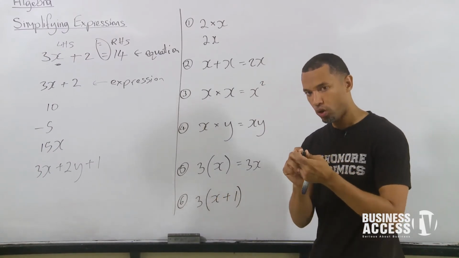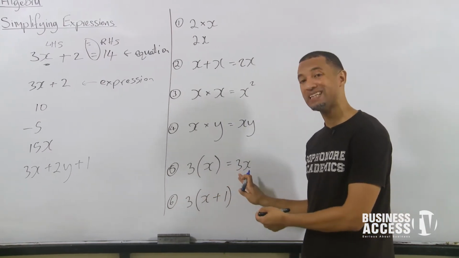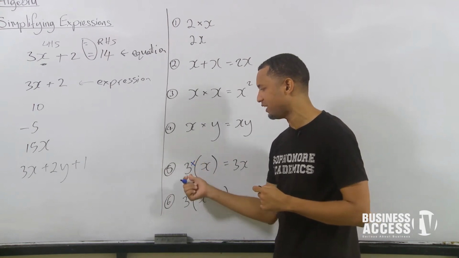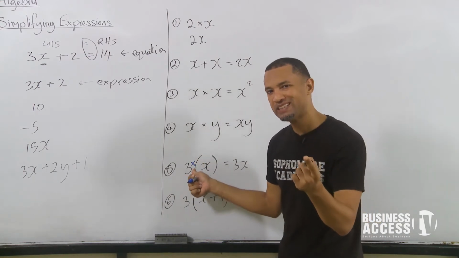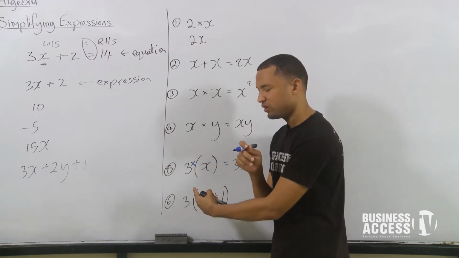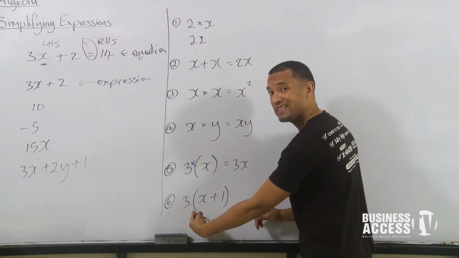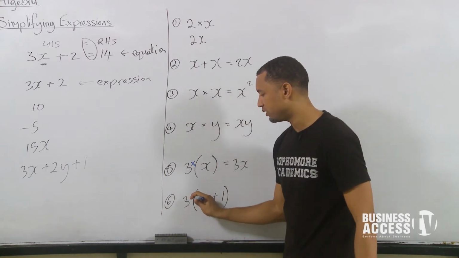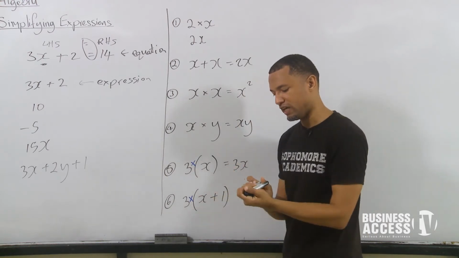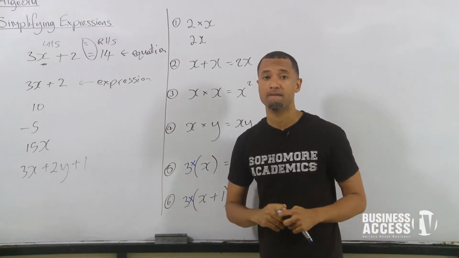And we do know that 3 bracket x like this is 3 times x. So there's an imaginary multiplication sign right here. Once you see this bracket right here, guys, just read it as times. So this is saying 3 times x plus 1. You can put an imaginary multiplication sign there in your head. So 3 times x plus 1. How would you simplify this?